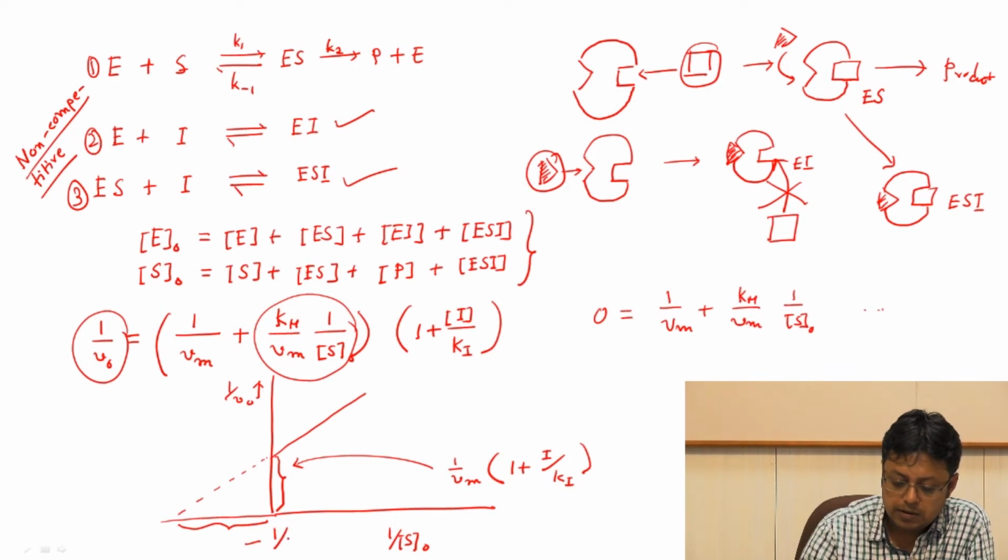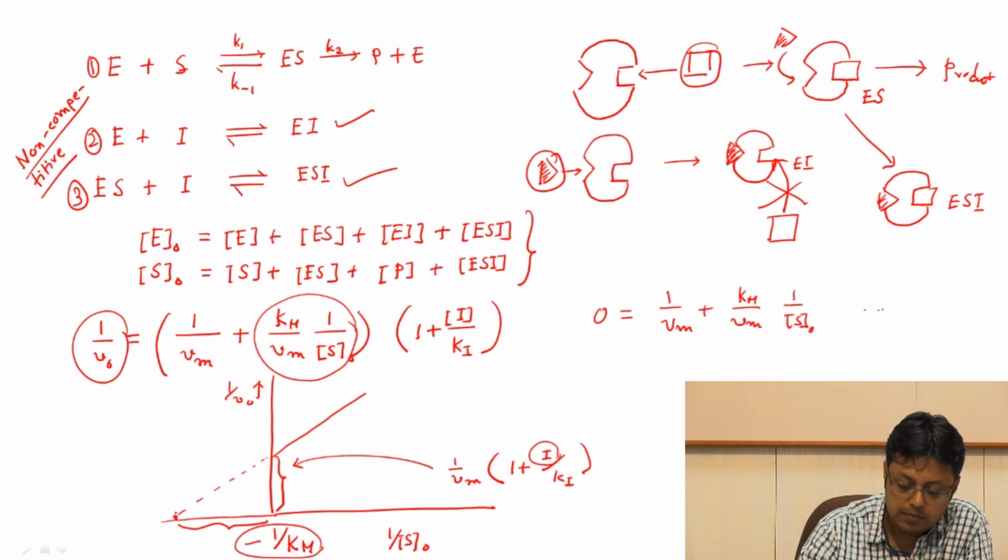Now I have a very interesting situation here. I see that the x-intercept is independent of the inhibitor concentration because it doesn't appear. However, the y-intercept depends on the inhibitor concentration. If I increase the inhibitor concentration, I'll have a value which is more, because it is proportional to the inhibitor concentration, but the x-intercept doesn't change.